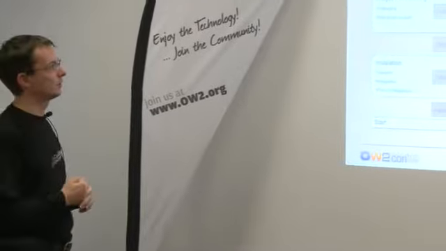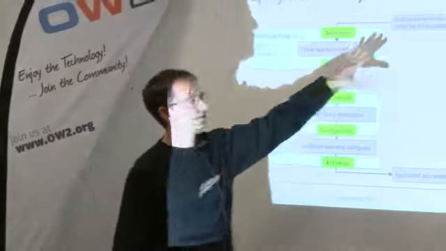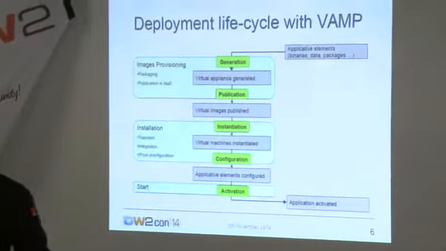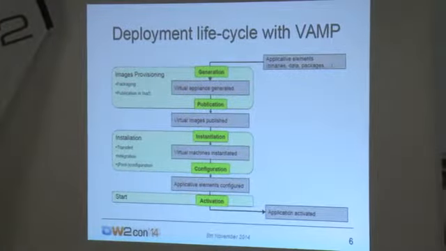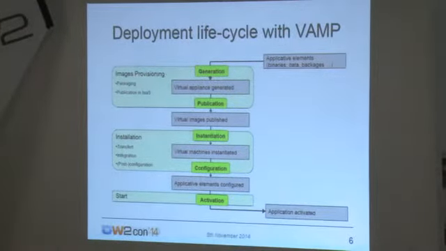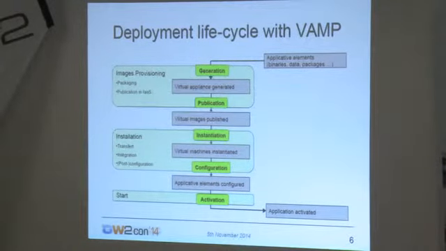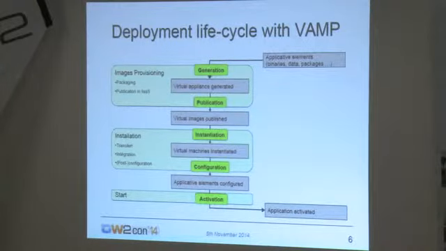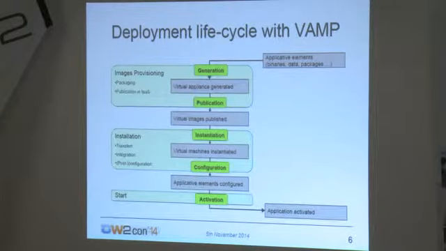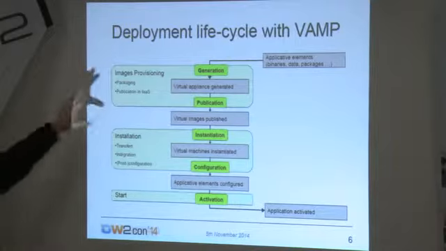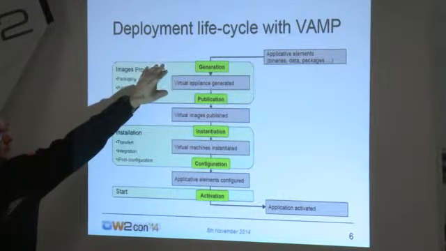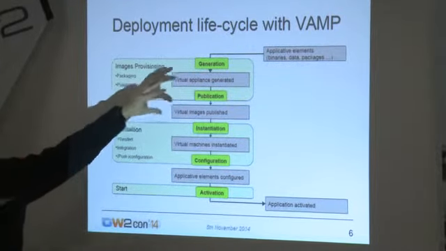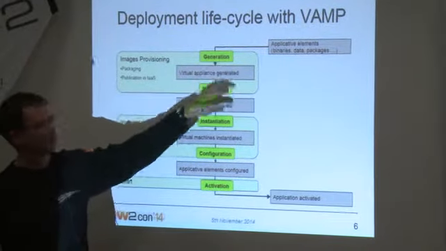So what are the life cycle steps of deployment with VAMP? First of all, you provide all the applicative elements, including the binaries, the packages, data, and so on. VAMP will generate the virtual appliance, which means it will generate all the virtual machine images. Then these images will be published in the target IaaS infrastructure. These are steps in the life cycle, but they are not achieved by VAMP itself.